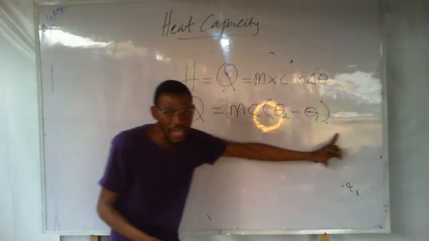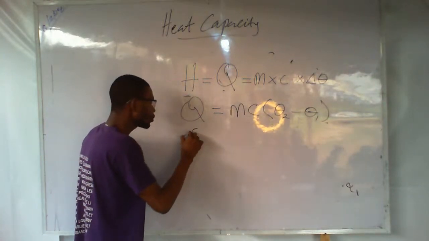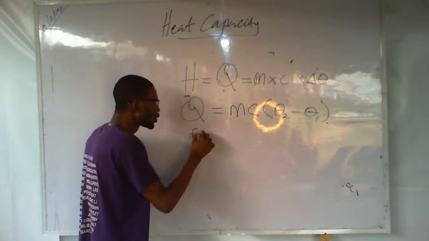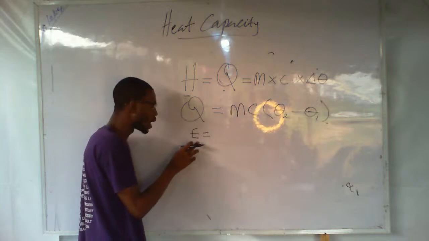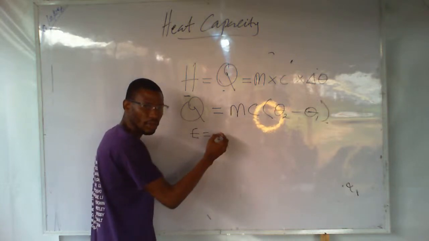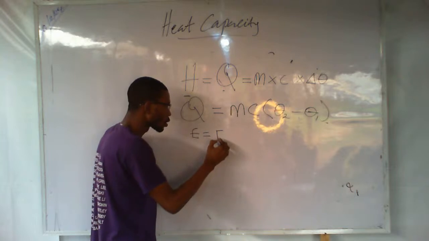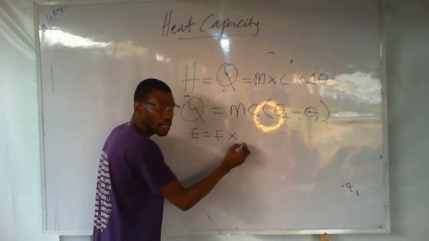Now, why do we define it like this? Let's see. What is work? What is energy? Energy is the tendency of doing work. Now let's see, how do we calculate energy or work done? It is force times perpendicular distance.